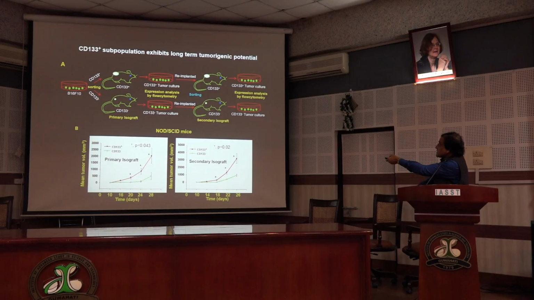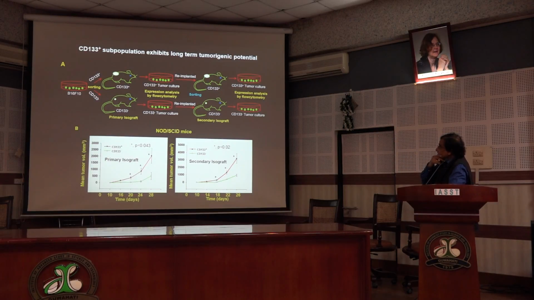What you see is the primary isograft, after that positive and negative cells. Those cells were again re-implanted into a second set of NOD-SCID mice, developed tumor again, which you call secondary isograft. Again you dissect, remove the tumor, establish primary culture, and then analyze the expression of stem cell marker, particularly CD133 expression, positive and negative by FACS.